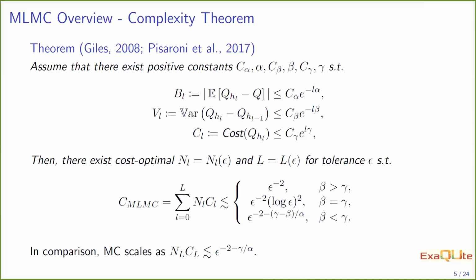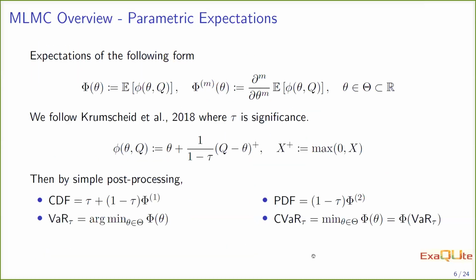So that motivates MLMC. Then we move on to the introduction of parametric expectations. So parametric expectations are expectations of this form, where you compute the expected value of a function which is on a certain domain and takes q as a sort of random input to produce this function capital phi.